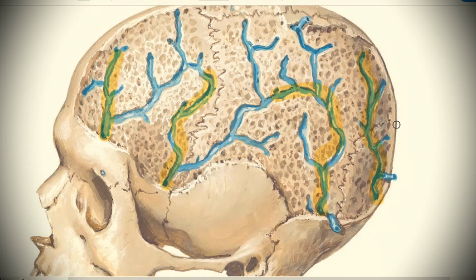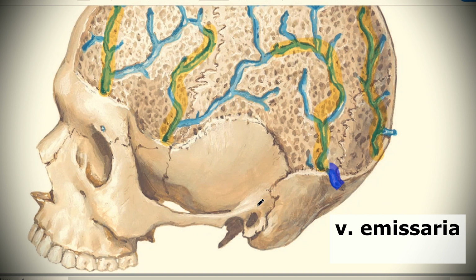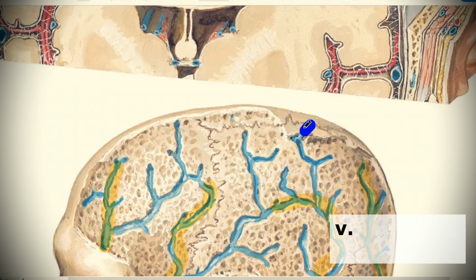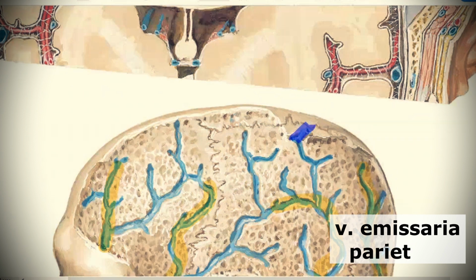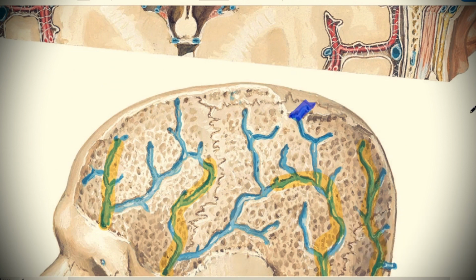We have a few emissary veins. First of all, the vena emissaria mastoidea goes through the foramen mastoideum in the temporal bone and falls into the sinus transversus. Next is the vena emissaria parietalis. It goes through the foramen parietale in the parietal bone and falls into the sinus sagittalis superior.